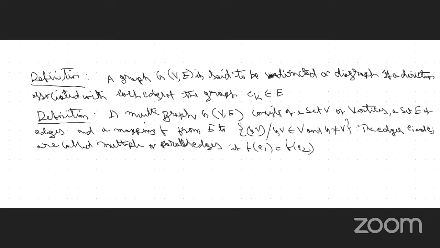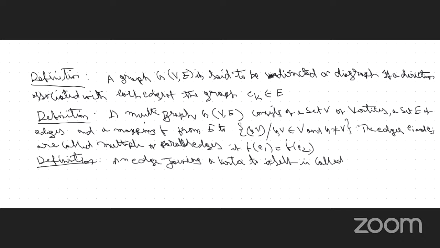Next definition. An edge joining a vertex to itself is called a loop.